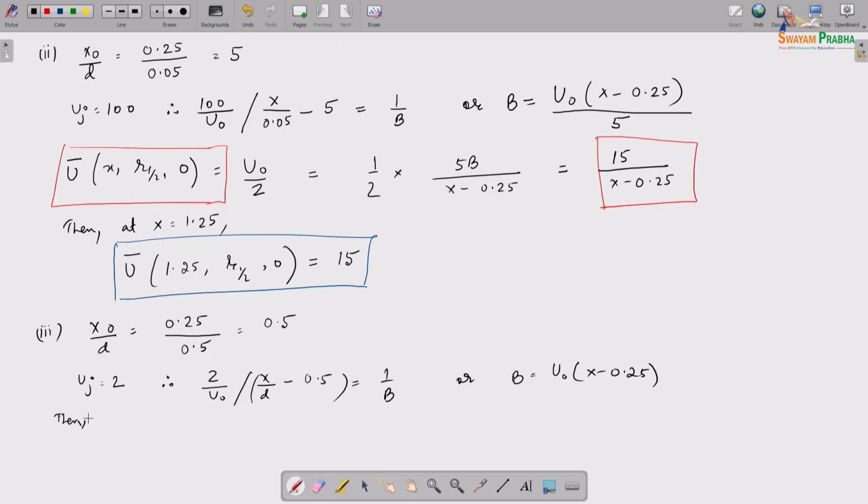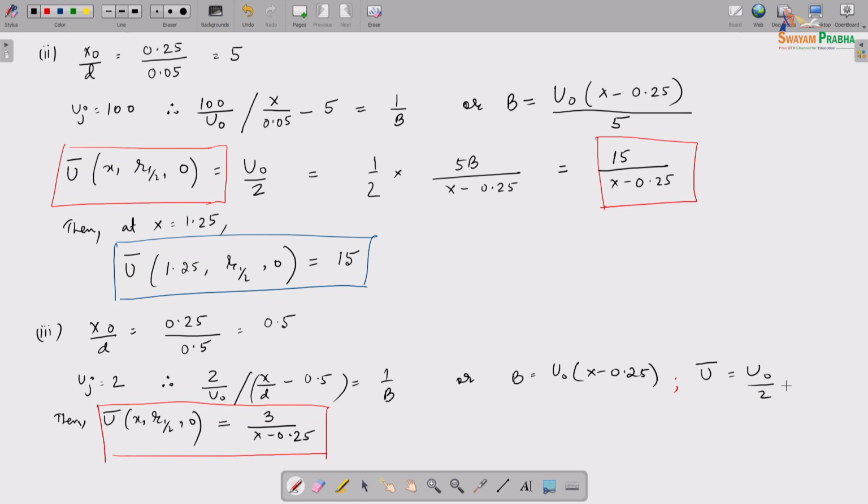So this is equal to 3 by x minus 0.25, because we know that u mean is equal to u naught by 2.